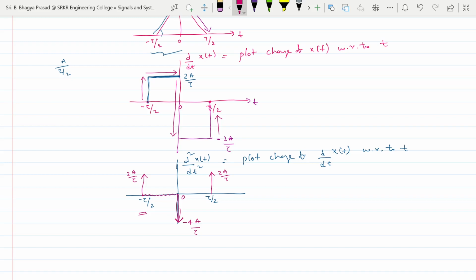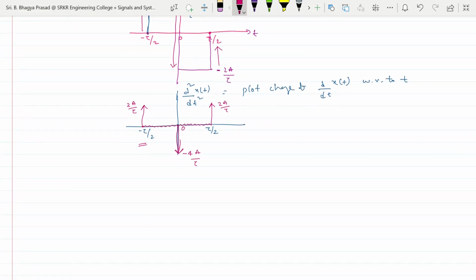And this will be 0 for the constant. Now let us plot this one. This expression d square x of t by dt square will be an impulse at minus tau by 2 with strength 2a by tau.